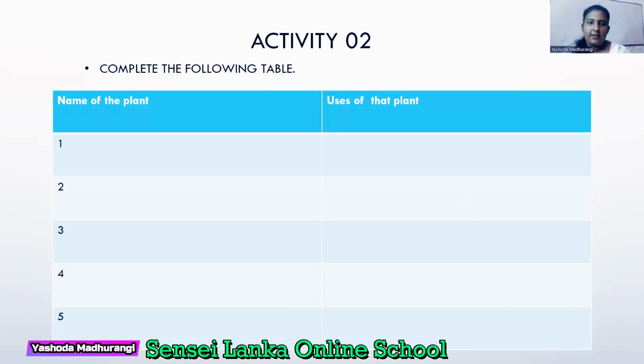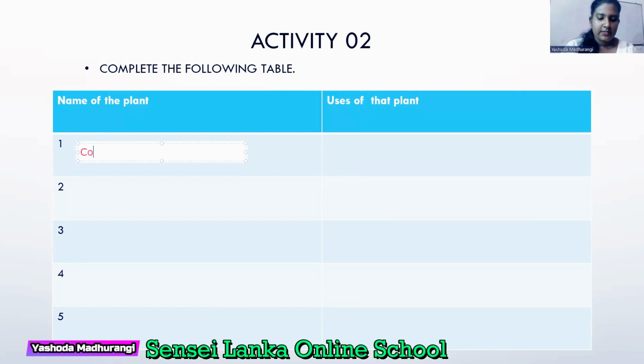Now there is another activity. Activity 2. Complete the following table. There are 2 columns. In column 1, you have to write the name of the plant. In the other column, you have to write the uses of it. So what do you know about this? What are the plants you know? Shall we do 1 or 2?